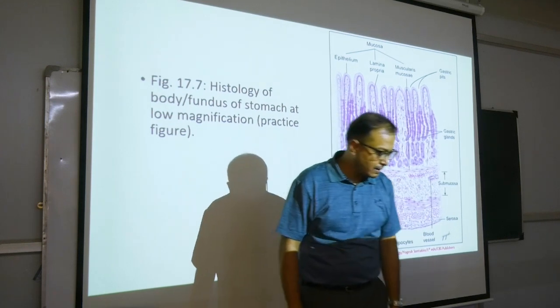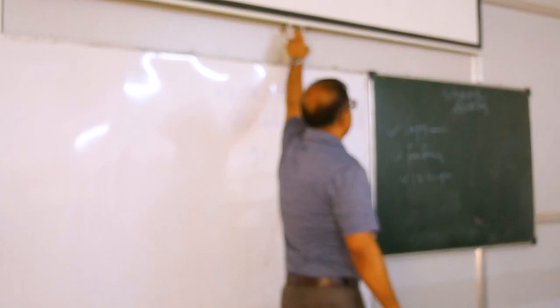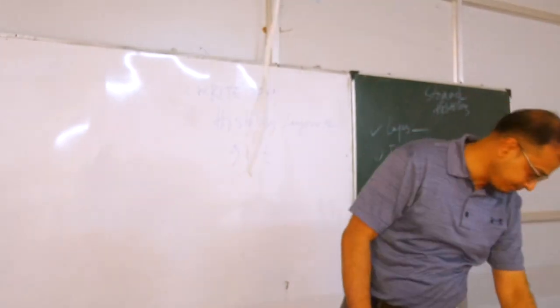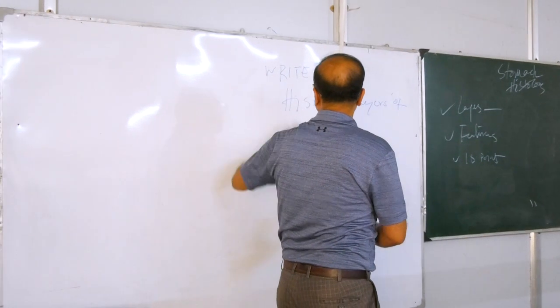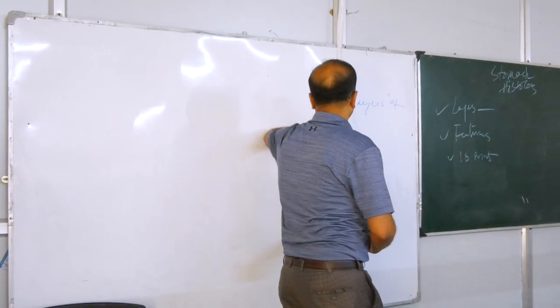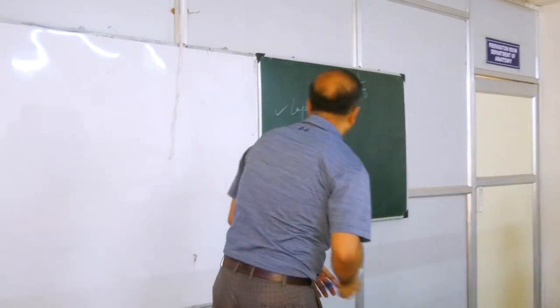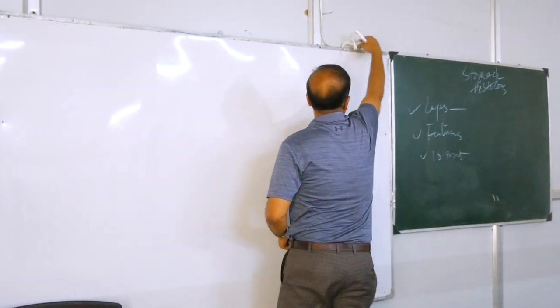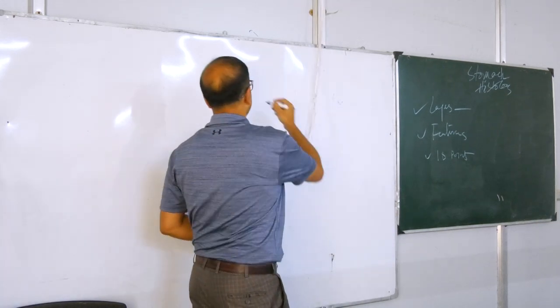Now each of these gastric glands has different types of cells existing. So we have to know what the different types of cells are that exist within this gastric gland.